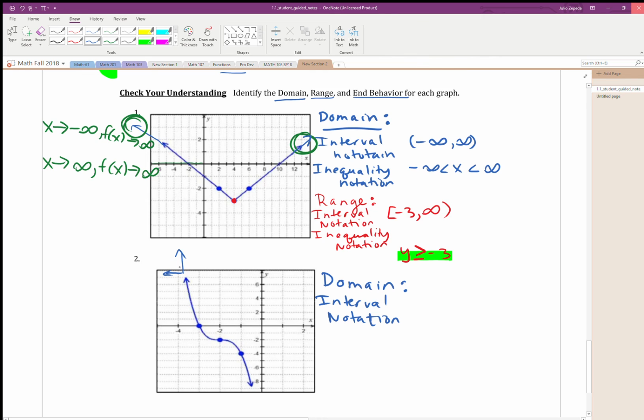So what's going to happen is I continue this, and little by little it's going more and more left. It's never going to end. It's continually going to negative infinity on the left side. So for our domain, it's starting at negative infinity, and we have something similar here on the right-hand side. It's going to go to positive infinity. Since it's not perfectly downward, it's also going off to the right.